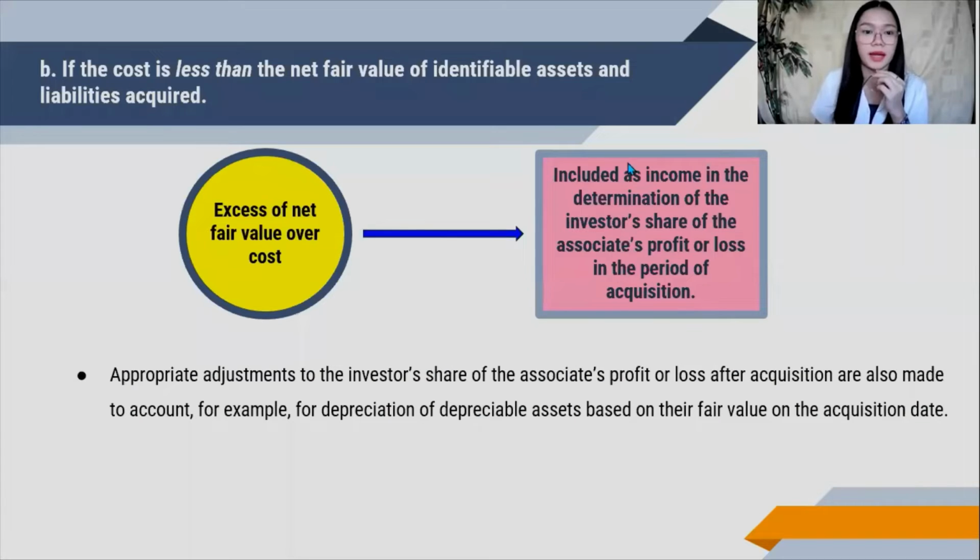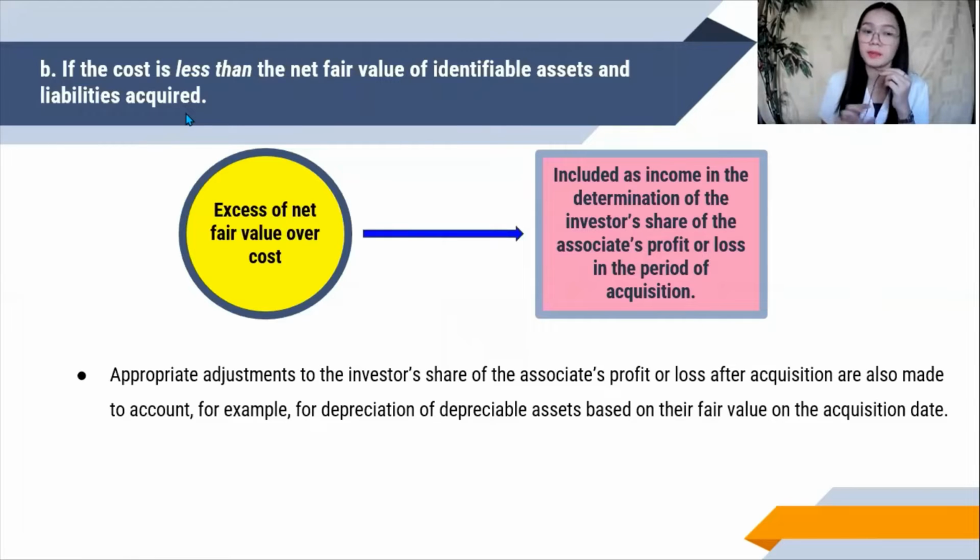So next, dun tayo sa pangalawa na if the cost is less than the fair value of the identifiable assets and liabilities acquired. So ito daw, if yung binayad natin or the cost of our investment is mas mababa compared dun sa net fair value of identifiable assets and liabilities na na-acquired natin.